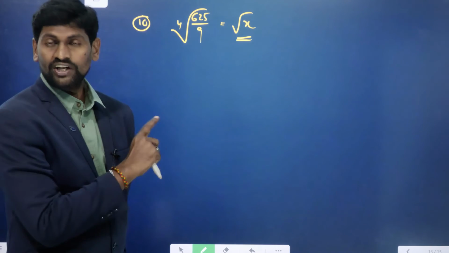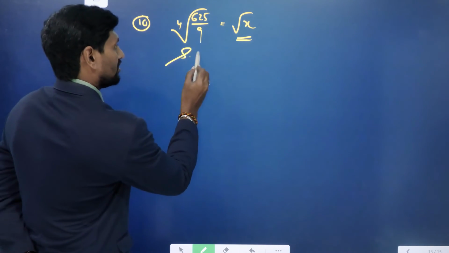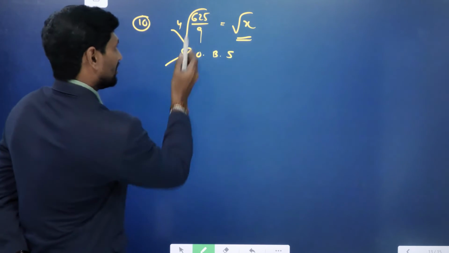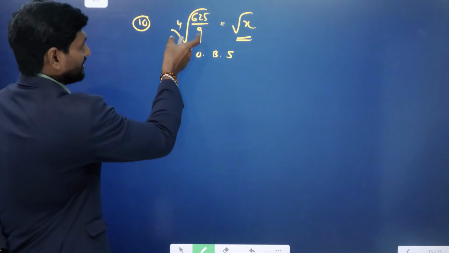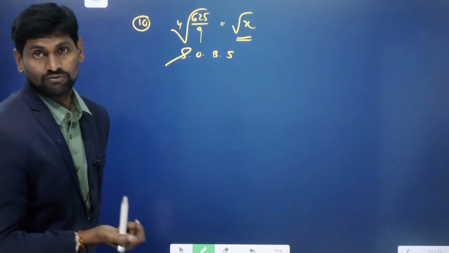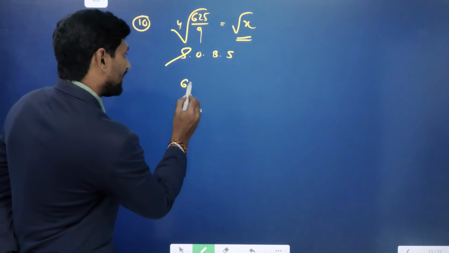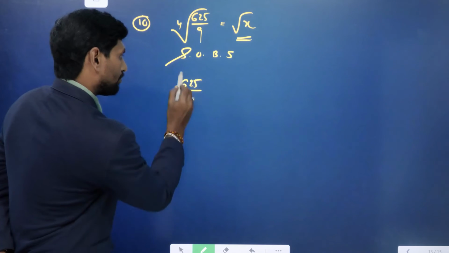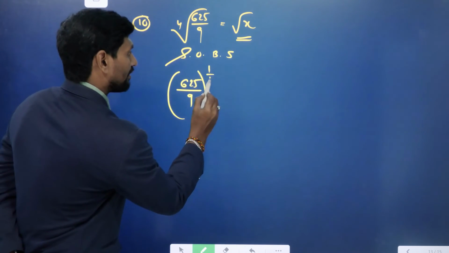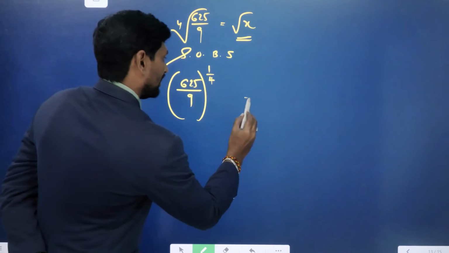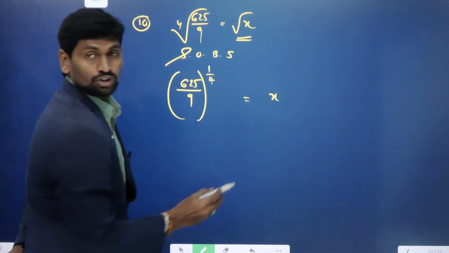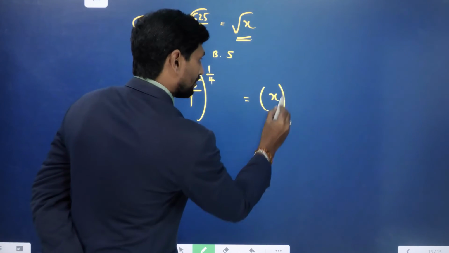Before that, let me express this in exponential form. The 4th root means the whole to the power of 1 by 4, that is equal to, the square root means the whole to the power of 1 by 2.